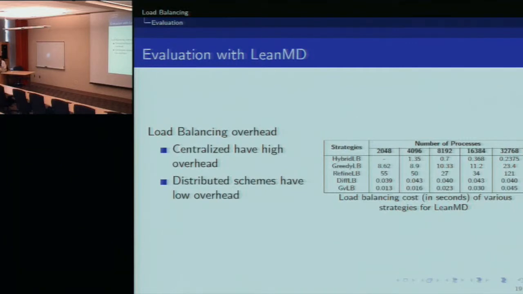So centralized strategies tend to have a high overhead, but the distributed schemes have low overhead in comparison to them. For the hybrid strategies, the processes are divided into subgroups of 512 cores. As we increase the number of processes, the load balancing overhead also decreases.